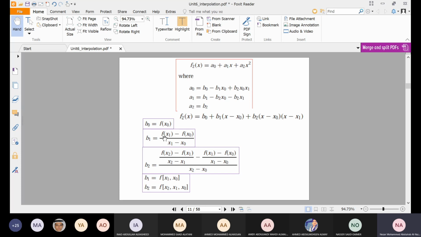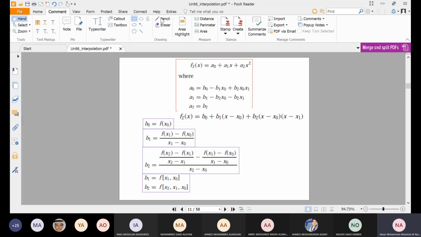So here I have f of x1 minus f of x0 over the interval, from x1 to x0, so x1 minus x0. b2 we call the second divided difference. Here we increase the interval to 3 points, so I have f of x2, x1, x0.